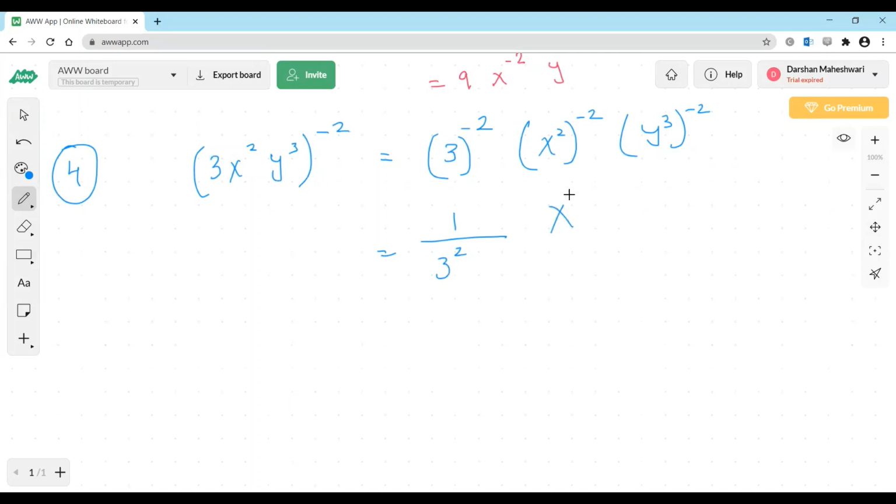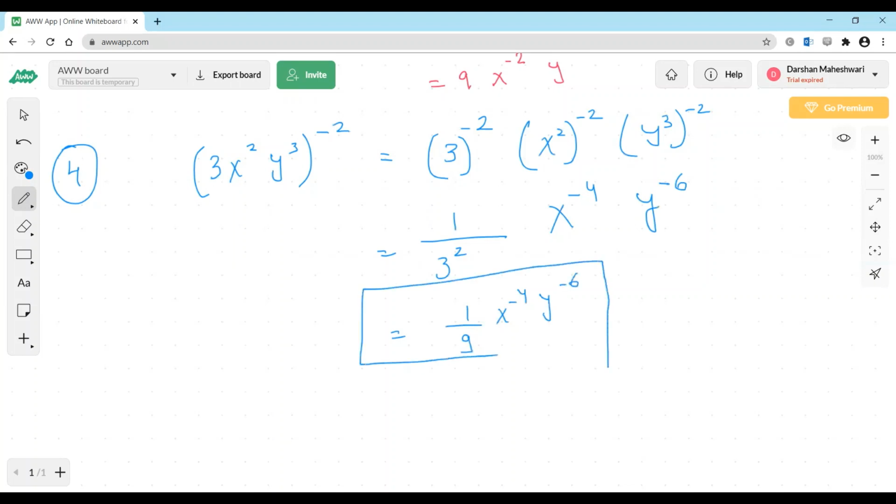X is raised to the power 2 times minus 2, which is minus 4. And here we have 3 times minus 2, which is minus 6. So 1 over 3 square is nothing but 1 over 9, and x raised to the power minus 4 times y raised to the power minus 6 remains as it is. So this will be the required answer.